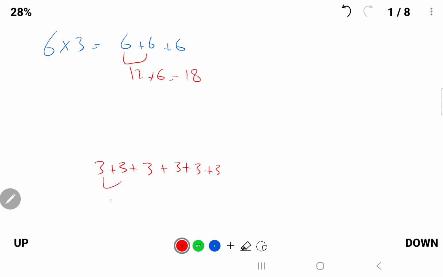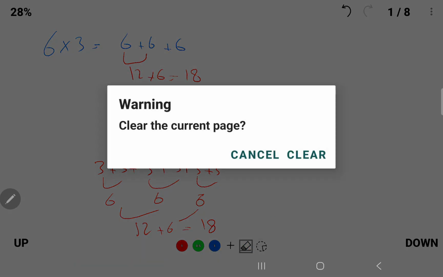And here 3 plus 3 is equal to 6, 3 plus 3 is equal to 6, 3 plus 3 is equal to 6, 6 plus 6 is equal to 12, 12 plus 6 is equal to 18. So the final answer is 18.